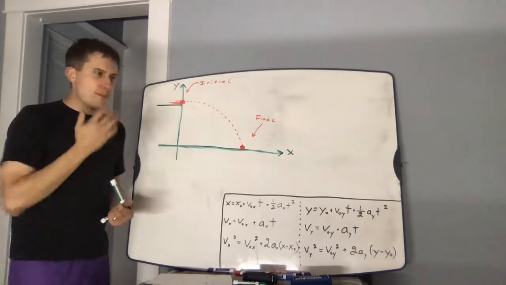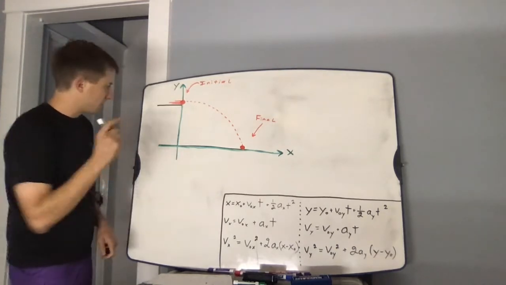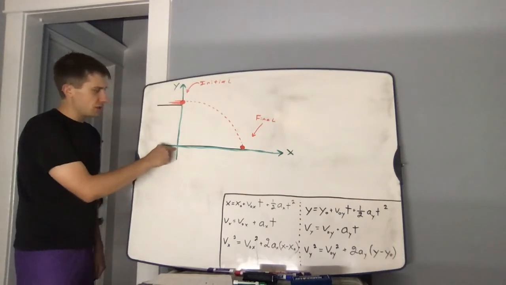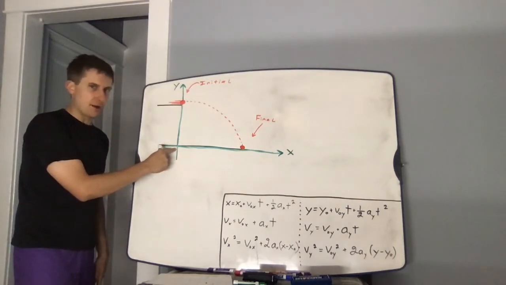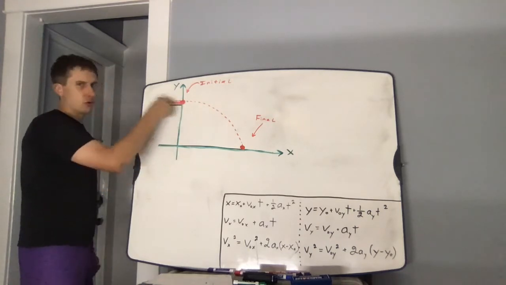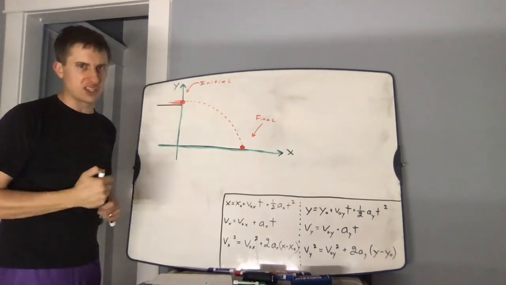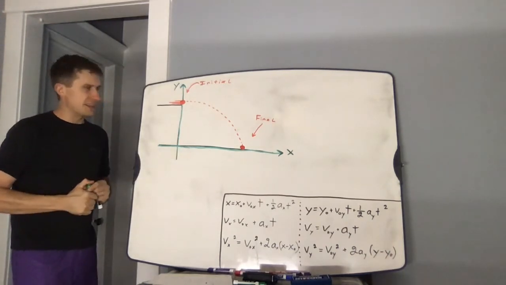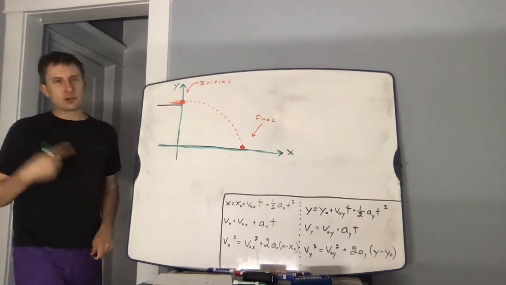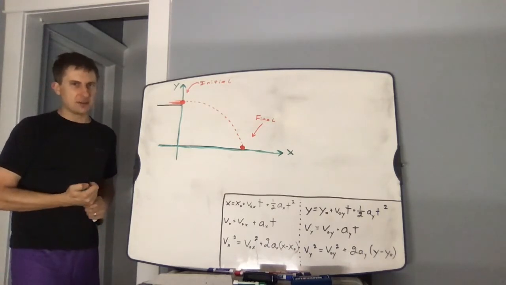Why did I make this choice? Instead of having the origin where the base of the table's leg meets the ground, why not put the origin up here, the ball's initial position, or something else? Well, the reason I chose to do that is, personally, I would rather deal with positive numbers than negative numbers.